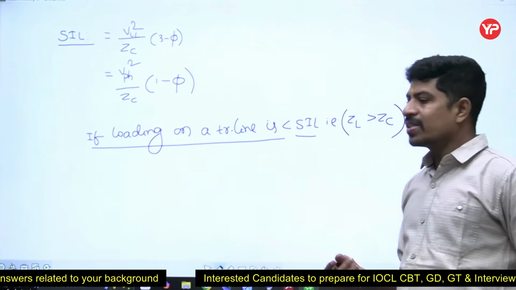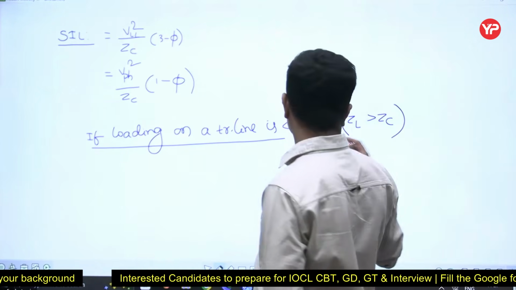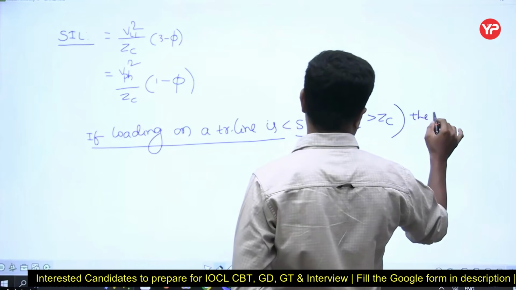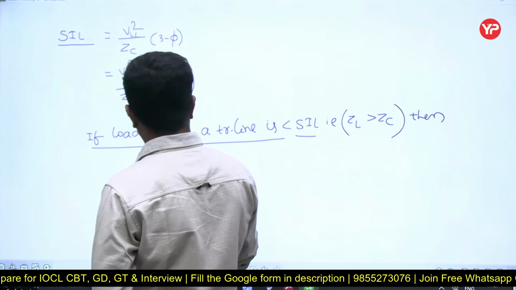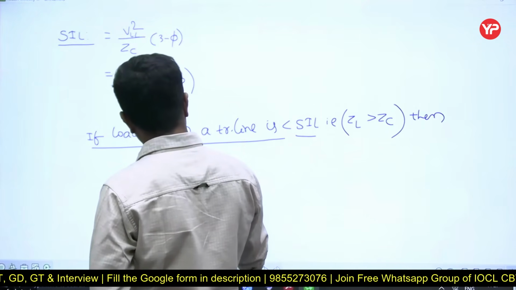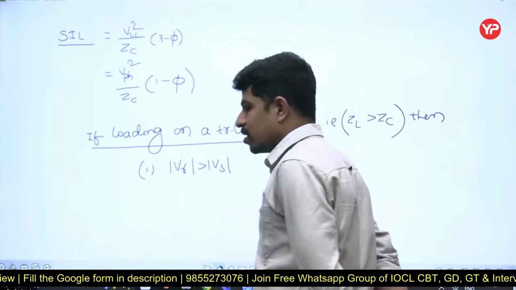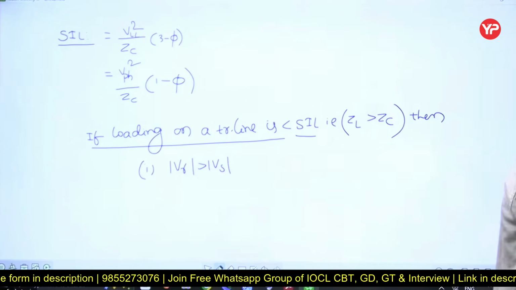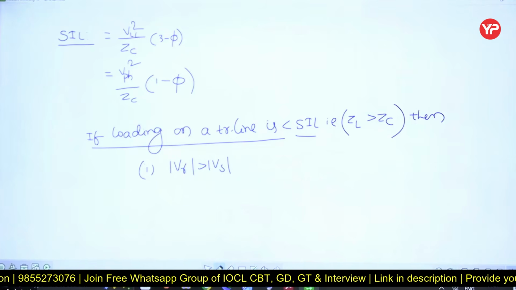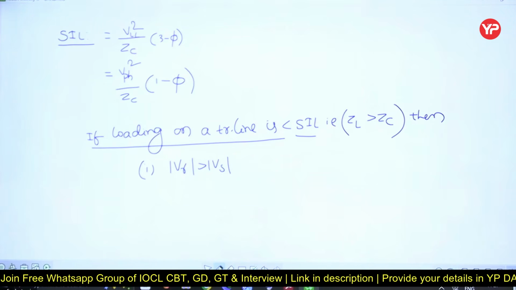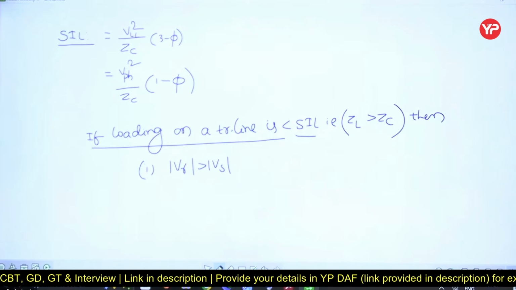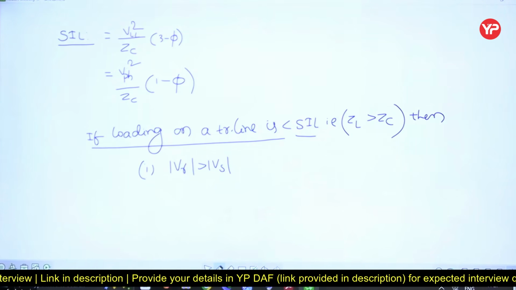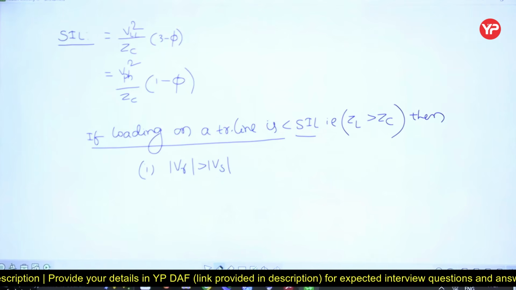Then the very first conclusion is mod VR is greater than mod VS. Receiving end voltage is going to be more than sending end voltage. And this particular effect is called what effect? Current effect.